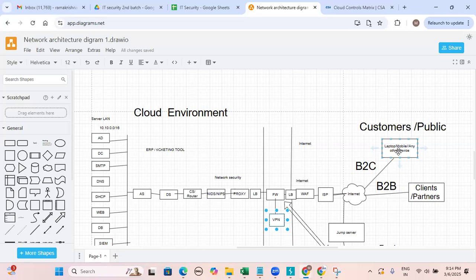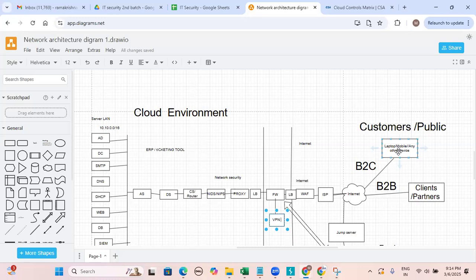OWASP Top 10: injection flaw category of attacks, OS command injection, time-based injection, untrusted data related to cross-site scripting, stored cross-site scripting, reflected cross-site scripting, XML external entities, broken authentication, broken access control, even IDOR, insecure direct object reference, insecure deserialization, buffer overflow.